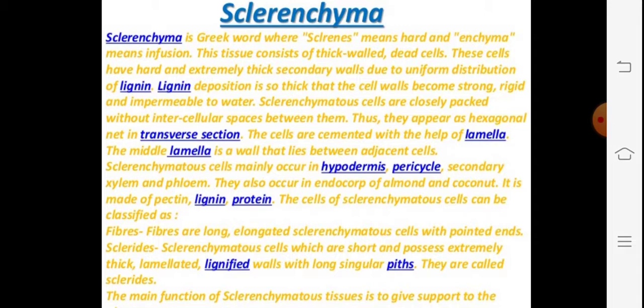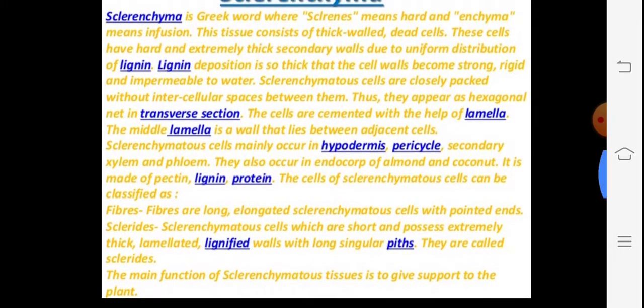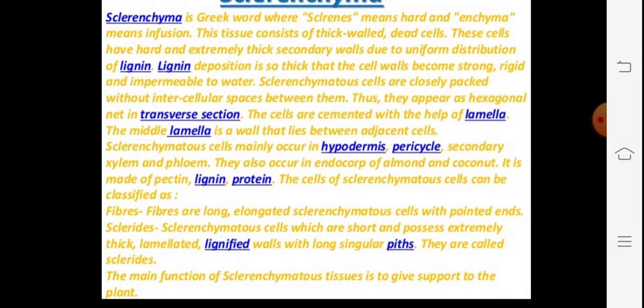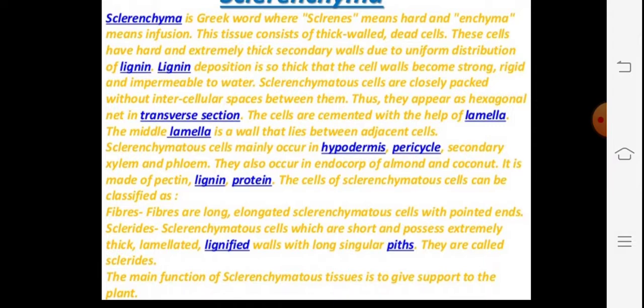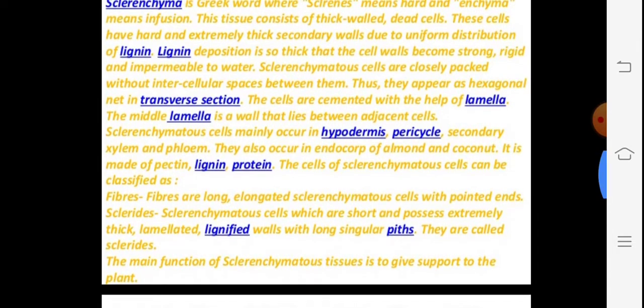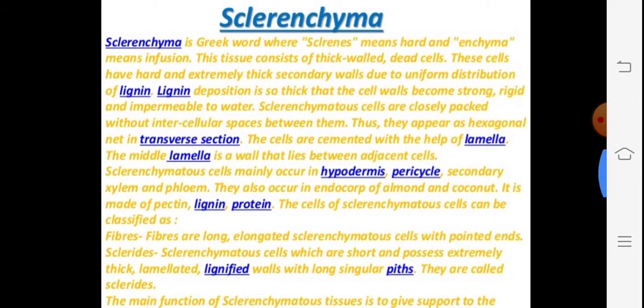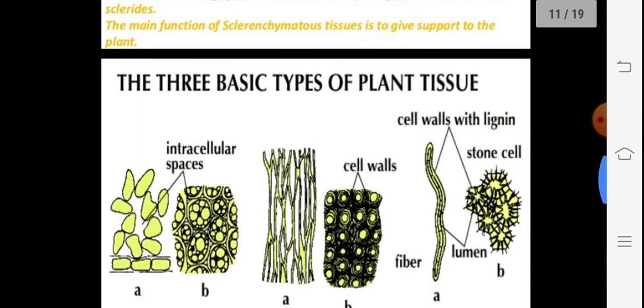The pericycle is present covering the vascular bundles. Mainly lignin is present in the coconut or almond, where it gives endocarp formation, right? Then there is also lignified tissue present in the central pith, and these are called sclerites. So sclerenchyma is generally thick walled cells with lignin content.